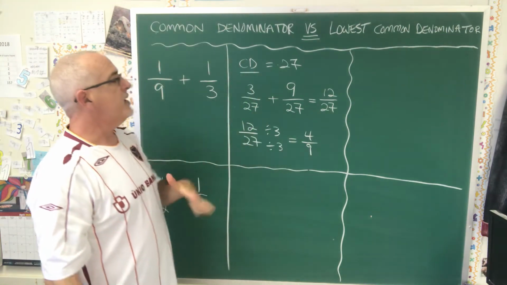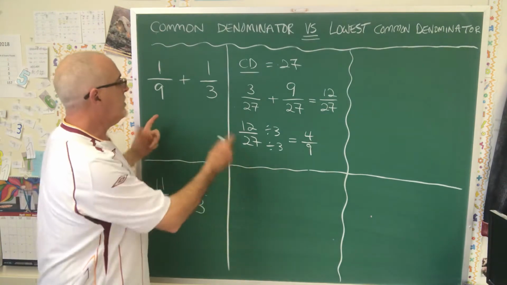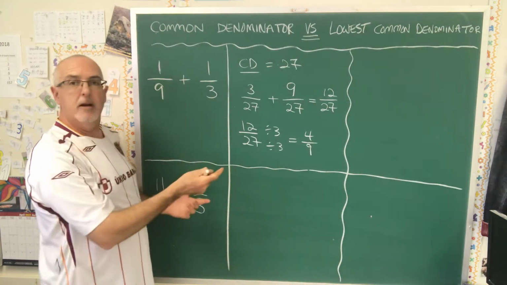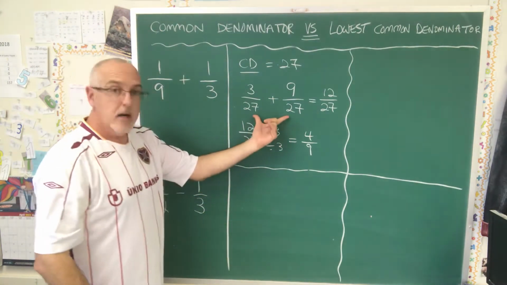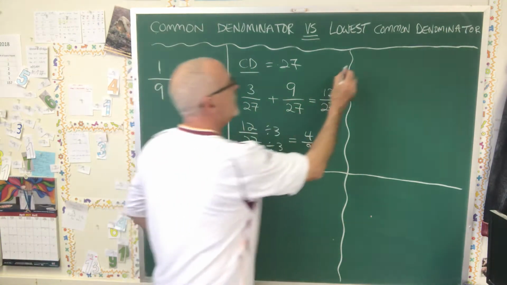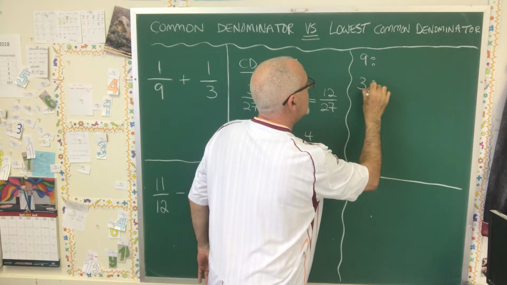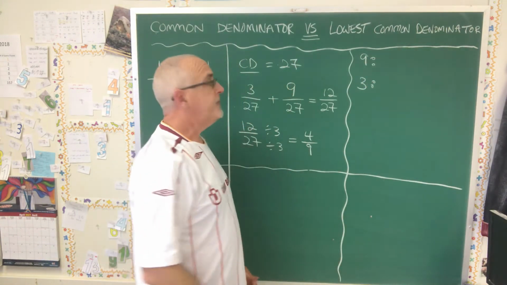Now that's the common denominator. What happens if we look for the lowest common denominator? Well, our first trick was to just say 9 times 3 is 27, and it gets us a common denominator. The lowest common denominator, the trick to finding that is to take your 9 and your 3 and to find the multiples of each.